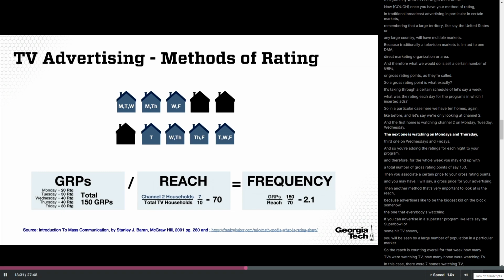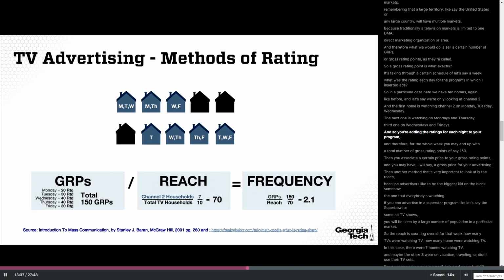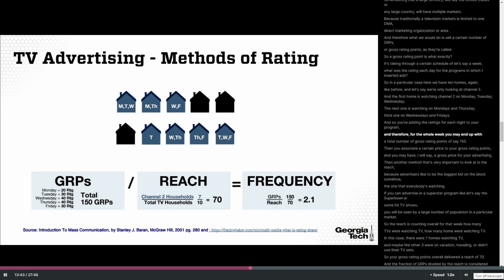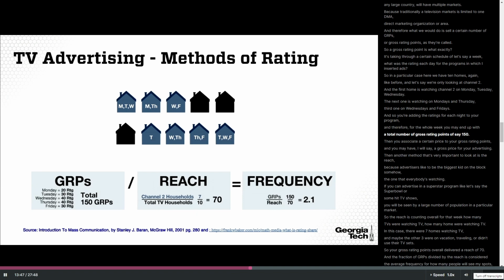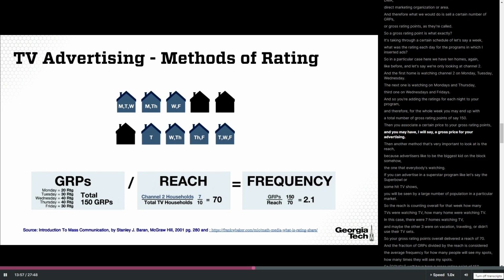The next one is watching on Mondays and Thursday. Third one on Wednesdays and Fridays. And so you're adding the ratings for each night to your program, and therefore for the whole week you may end up with a total number of gross rating points of say 150.